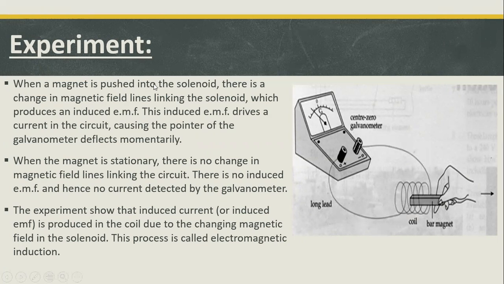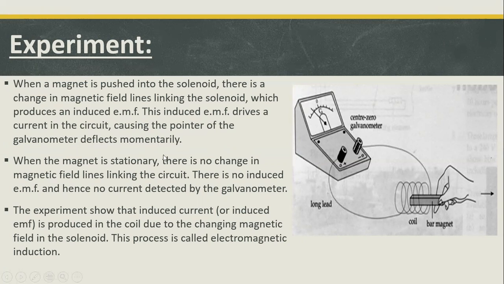When a magnet is pushed into the solenoid, there is a change in magnetic field lines linking the solenoid. The needle of the galvanometer shows deflection. When we push the magnet into the solenoid, this produces an induced EMF. This induced EMF drives the current in the circuit, causing the pointer of the galvanometer to deflect momentarily.